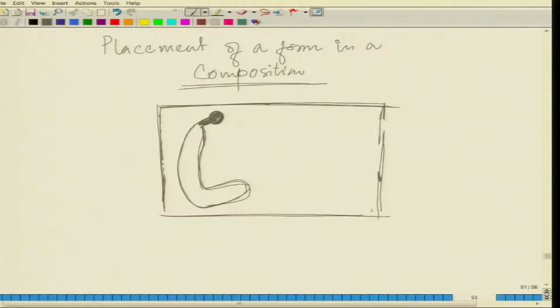It may have a sense of continuity, because we have a tendency to look from left to right.